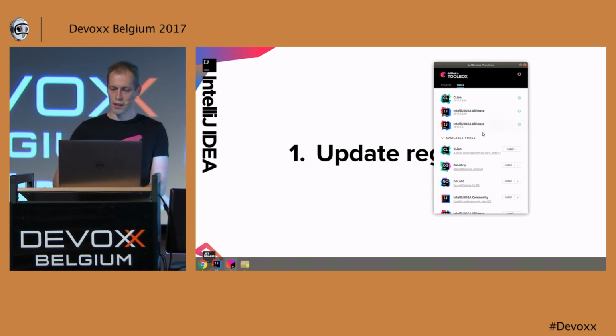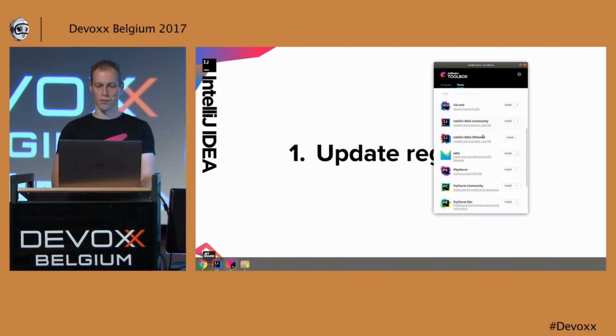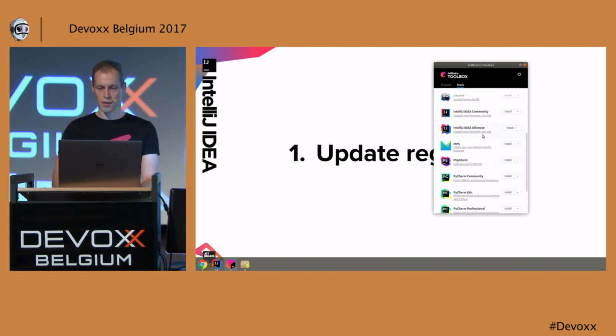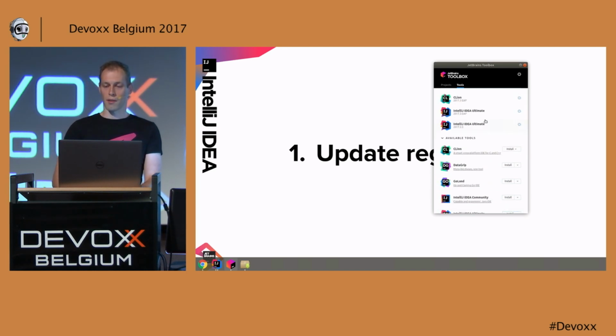What it does, at least for all the IDEs we created at JetBrains, is let you install any IDE with a single click. When it is installed, as you see, you can have several versions side by side, so you can have a stable release and the newest early access build to test the brand new features.